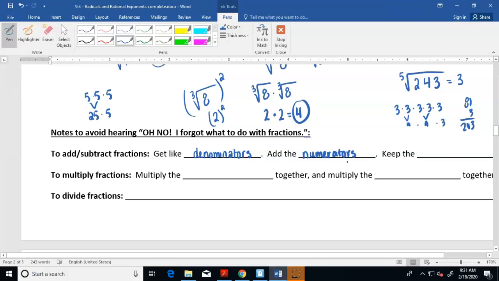You do want to keep the fraction bar, but that is not what I want here. Think about it. If I'm adding 1/2 plus 1/2, I've already got like denominators. I add the numerator. 1 plus 1 is 2. What do I do in the bottom? Keep the denominator. You keep it the same. You do not add the denominator. So keep the denominator.